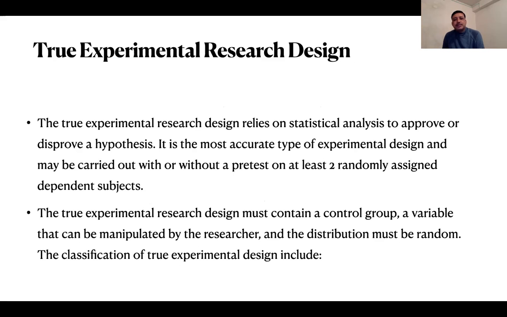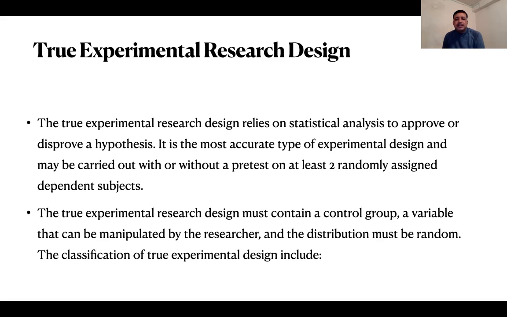Next one is true experimental research design. The true experimental research design relies on statistical analysis to prove or disprove a hypothesis. It is the most accurate type of experimental design and may be carried out without a pretest on at least two randomly assigned dependent subjects.